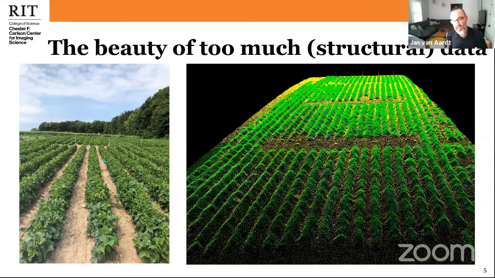We can use metrics like this to indicate whether a plant is closed canopy or open canopy. And a closed canopy plant is very much subject or more at risk for mold, one of the key diseases in snap beans. So if we can show structurally that a plant is intact, we can show maybe it has a high risk for mold versus a plant that's less intact and wind can blow through and keep mold away from taking hold in the plant.